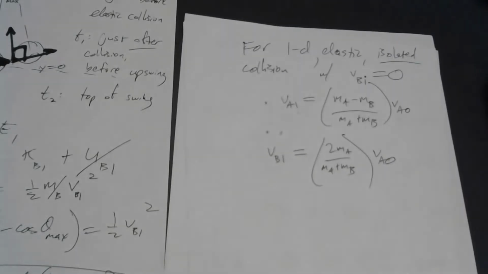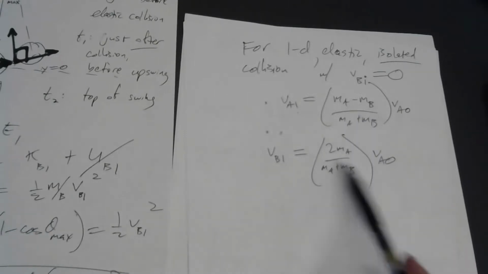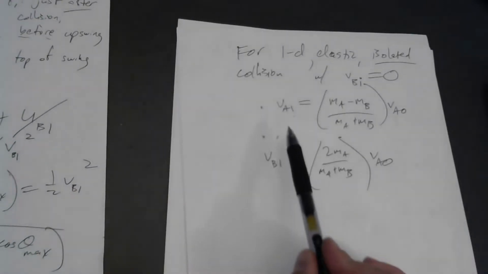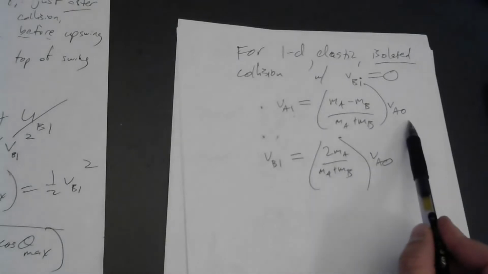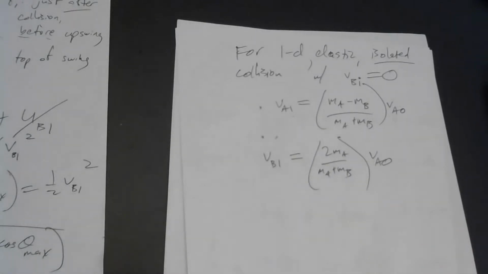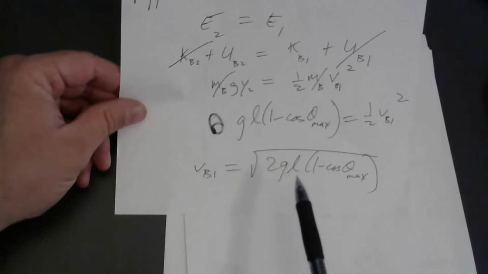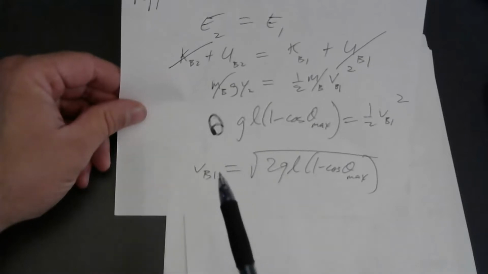Now in this problem, which quantities do we have and which are we solving for? We know the masses, those were given, so those ratios are easy to compute. We've got a 20 and a 100. But amongst these three quantities, initial for A and final for A and B, which do we actually know? Well, remember, they told us what theta max was, which means since we also know L, we do know what this was.